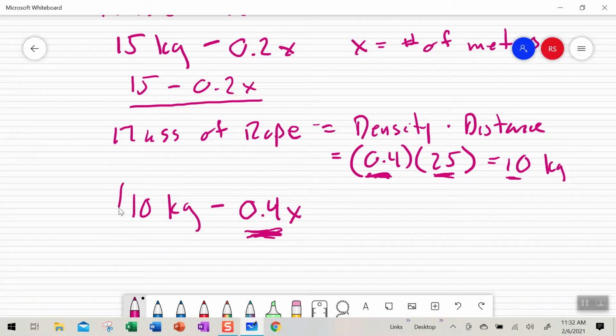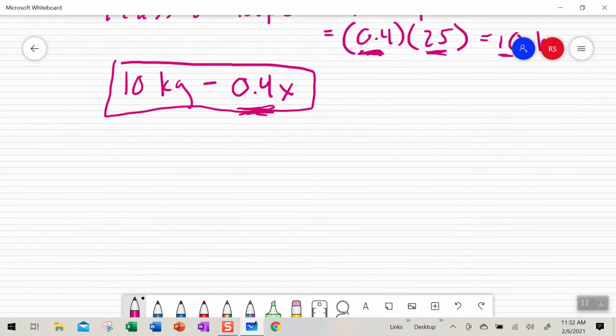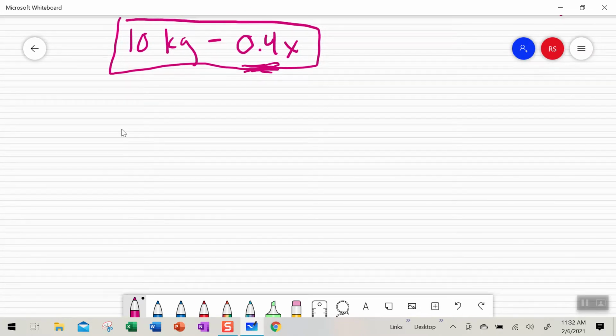So this now is our mass for the rope, and this is the mass that we have for the bucket. What we need to do now is combine those masses. The total mass is equal to the mass of the bucket plus the mass of the rope.